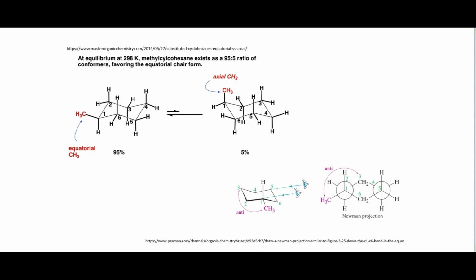the plot thickens a little bit when we start adding substituents onto our ring. So now we are adding this methyl group onto it. And what we see is that these substituents like to be in what are called the equatorial positions. So these two are in chair conformation here.